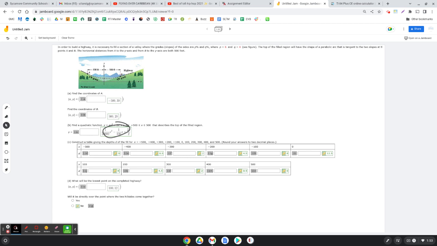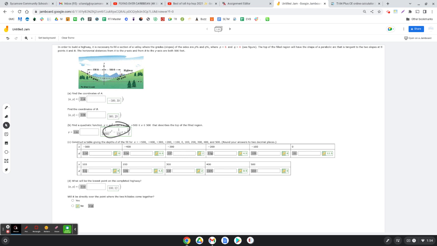I've got to subtract out the slope of the tangent. I got to subtract out the line. Okay. So here's what I have to do for this.